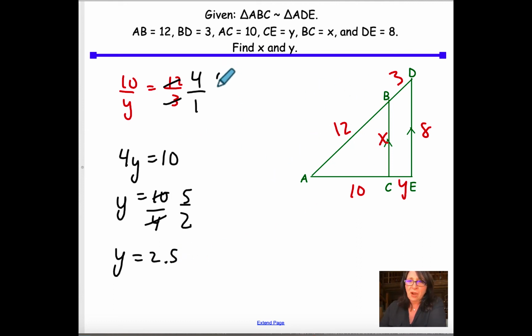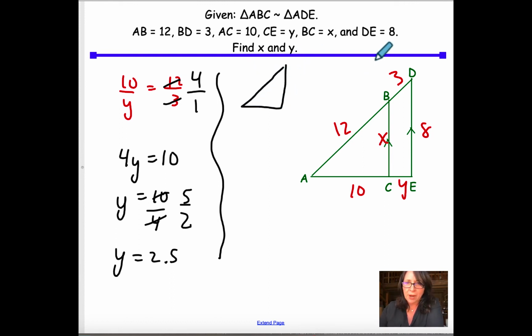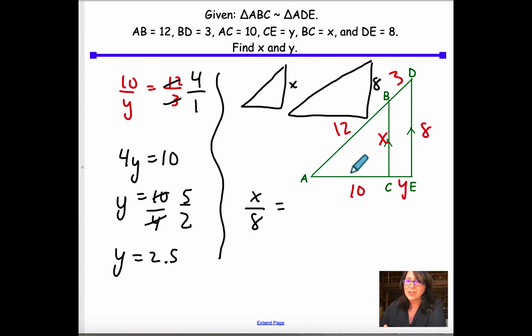In order to find x, I have to do something a little different. You have the option of splitting up your triangles, large to small. If this is x, and I'm trying to find x, and I know this is 8, of course, my first ratio is going to be x is to 8. As I set up my proportion from that first ratio, I went small is to large.